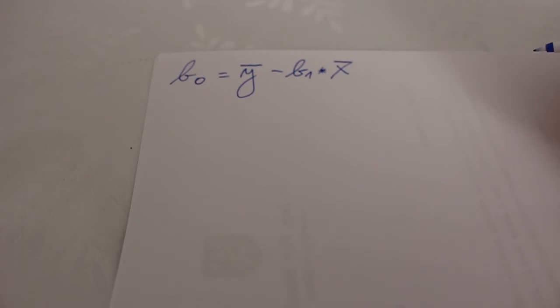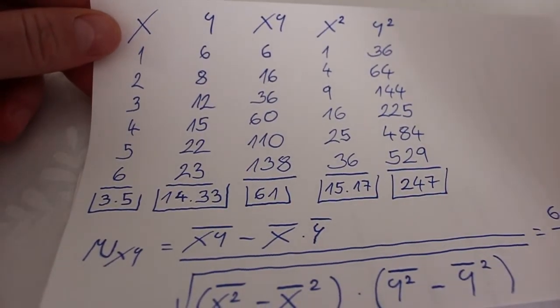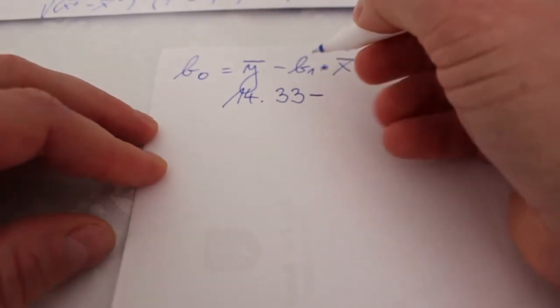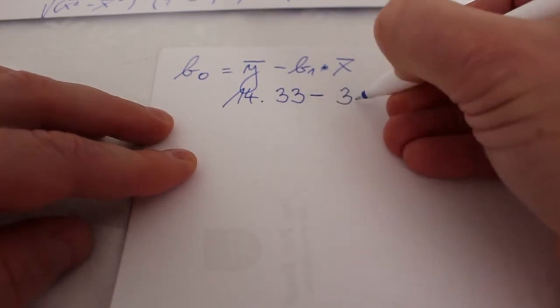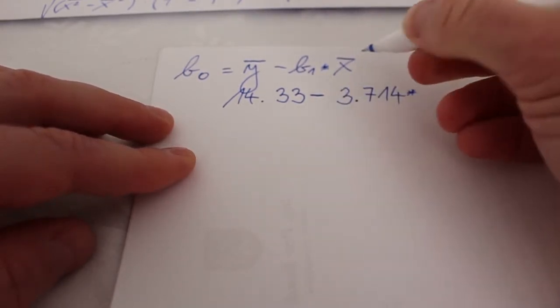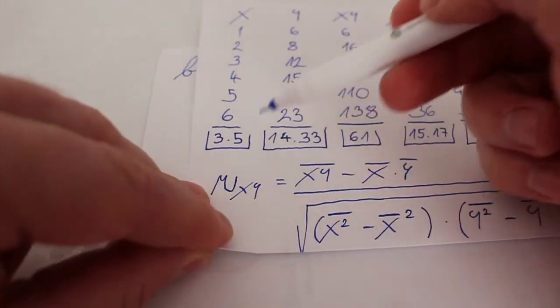So again, we need this paper. Y mean 14.33 minus my calculated slope. Where is my slope? 3.714 times x. You already remember 3.5.